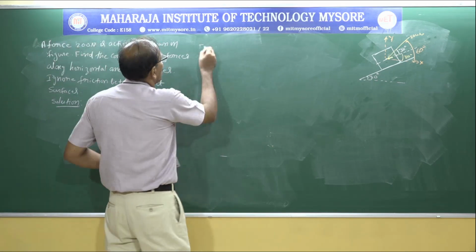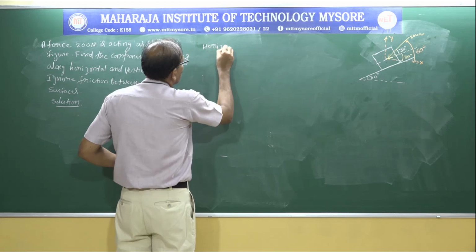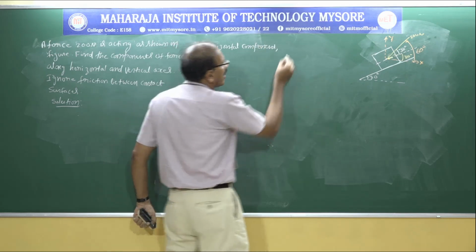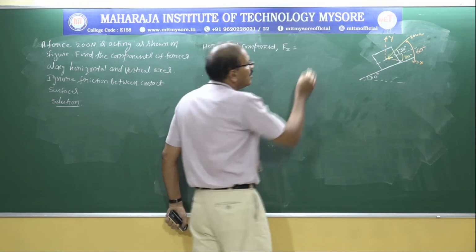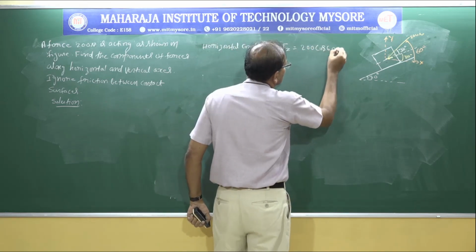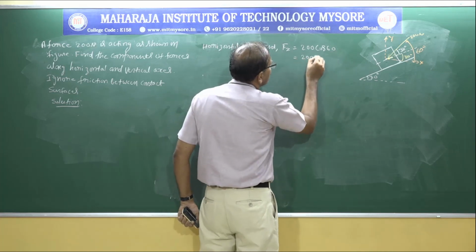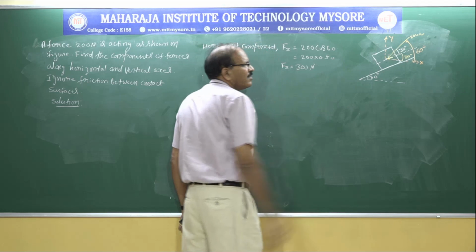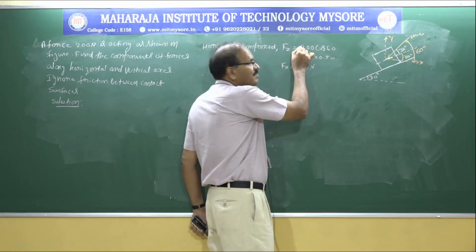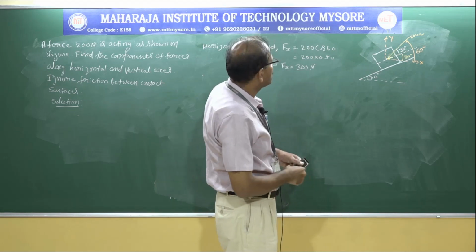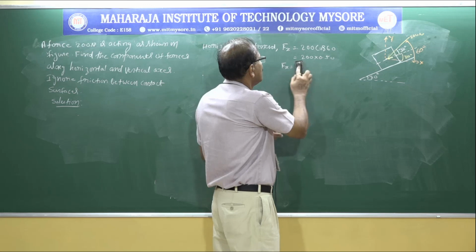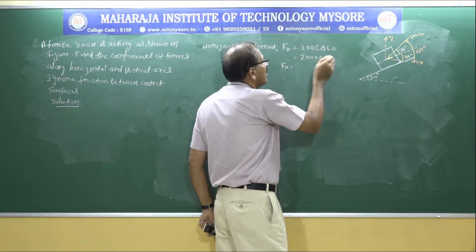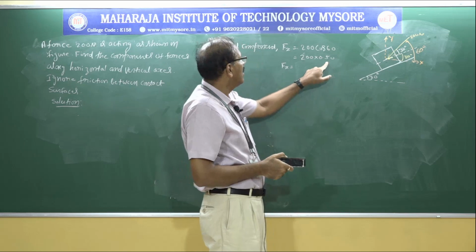Let me solve this problem. Horizontal component Fx equal to 200 cos 60, that is 200 into 0.5.